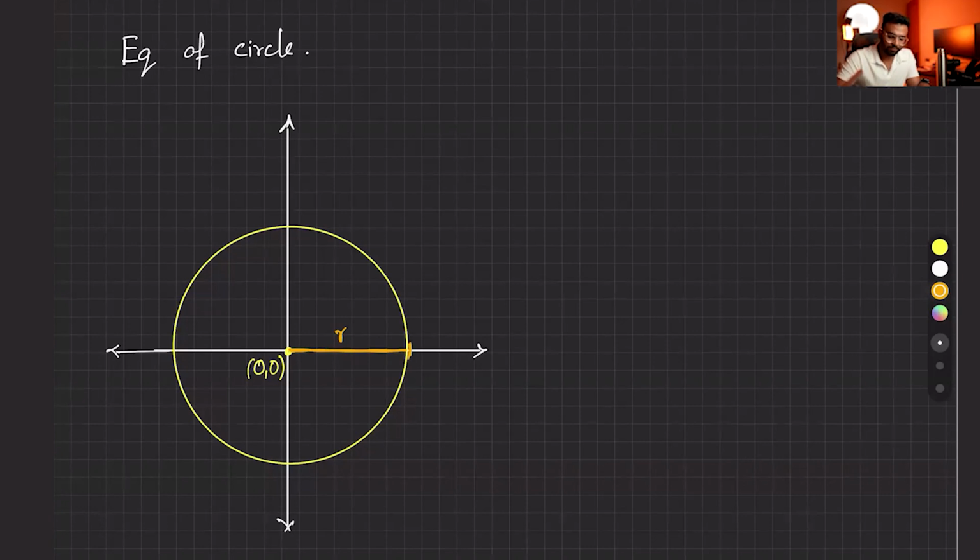So this is going to be r, 0. This would be 0, r. This is going to be minus r, 0. And that coordinate is going to be 0, minus r. Because the radius is there.